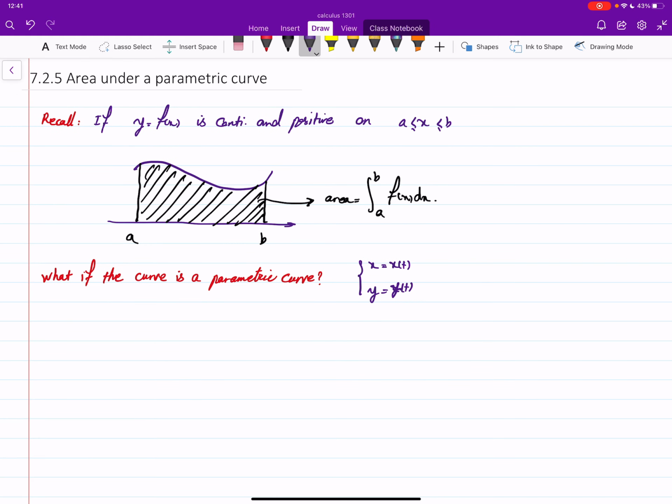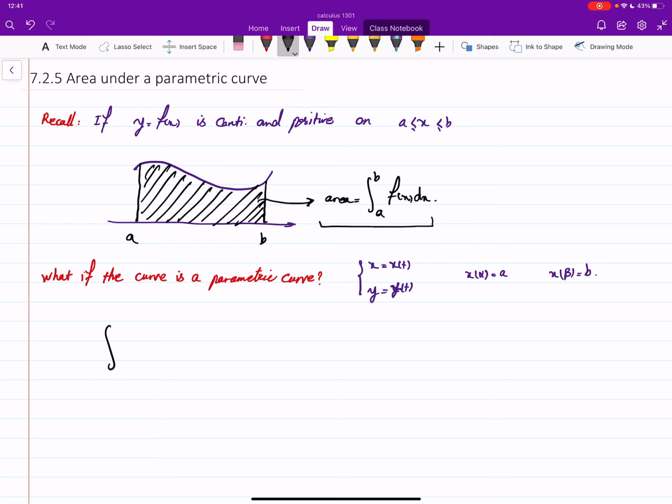Let's say that for t equal to alpha, x will give us a, and x at beta will give us b. Then, when you have a parametric curve and you eliminate t, you will get back to the original formula.